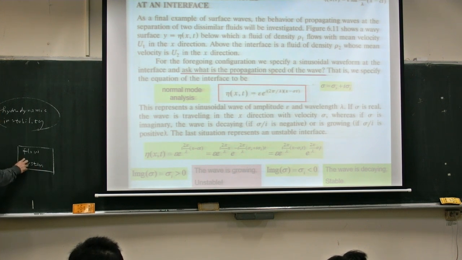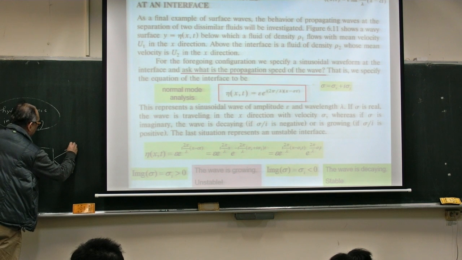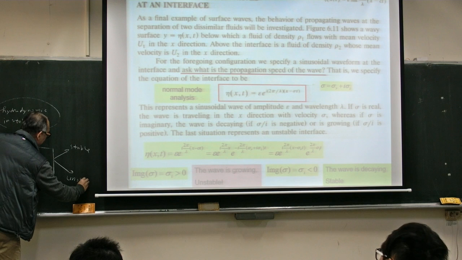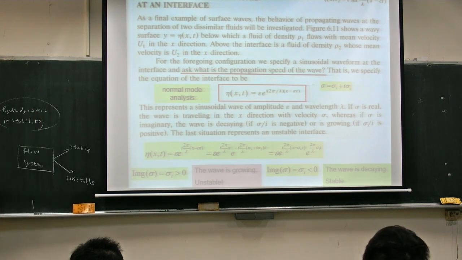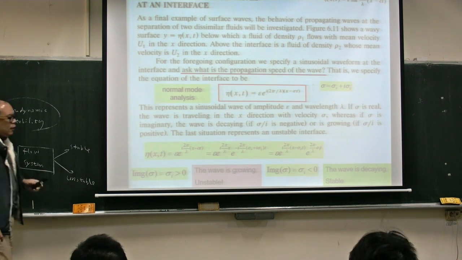We like to test whether this system is stable or unstable. In control theory, we usually test the system by using a perturbation.